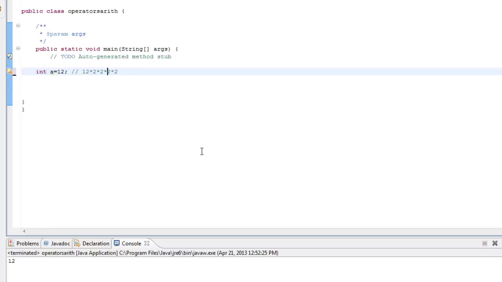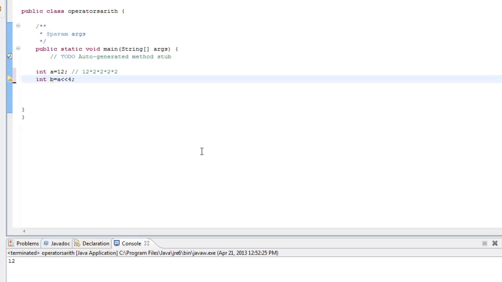Now this is where the problem starts for a byte. In case I left shift this by 4, int p is equal to a left shift by 4. For a byte this was coming out to be a negative value, but for an int this will come out to be a proper value.